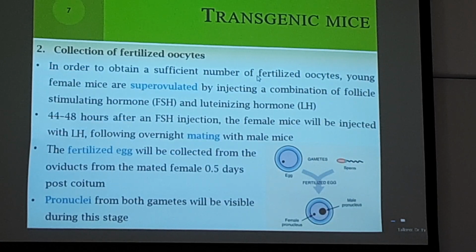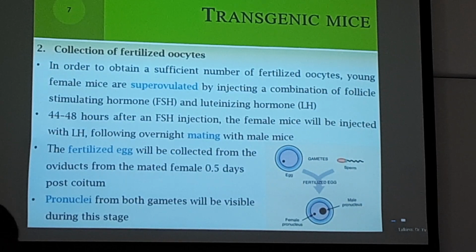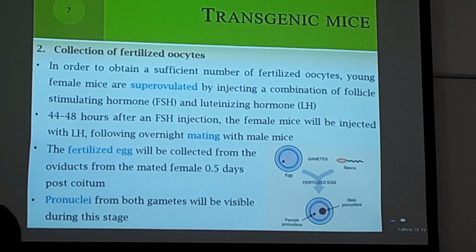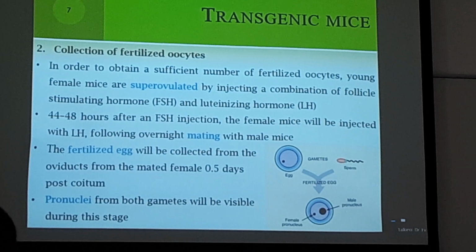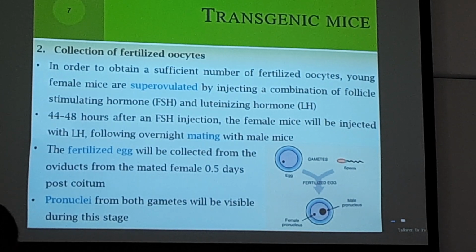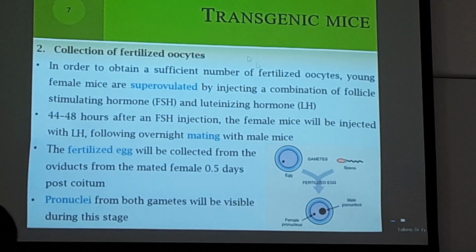And then you have to collect the fertilized oocytes because they are animals. You cannot just do the plant thing. You cannot just take a cell, put the DNA inside, and then grow it into a new plant. You have to start with something like sexual fertilization. So you collect the fertilized oocytes from a mother mouse. Okay, so make sure you know how to do so.